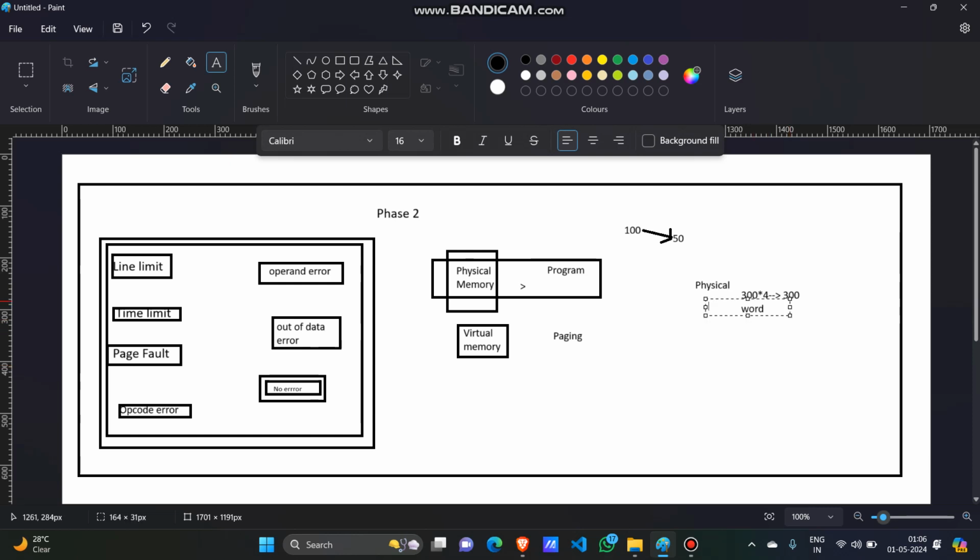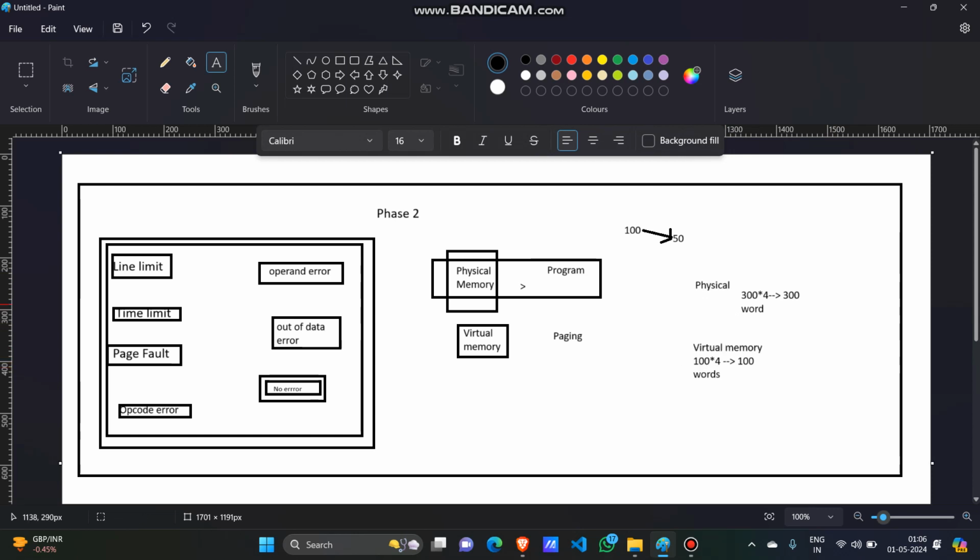And our virtual memory is 100 into 4, that is 100 words, and each word is of 4 bytes in all cases. But the more important part is that physical memory here is 30 blocks and virtual memory here is 10 blocks.